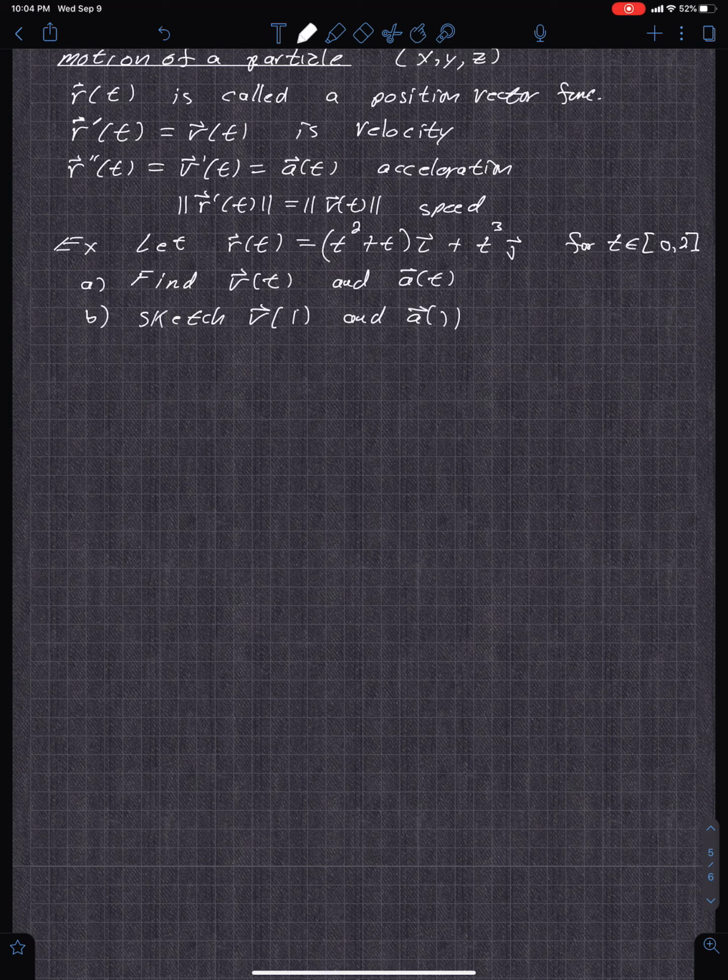So you want to move your vector to wherever the initial point is. Finding v and finding a is pretty easy. You just do the derivatives. And actually, I'll let you work on it. So try that.